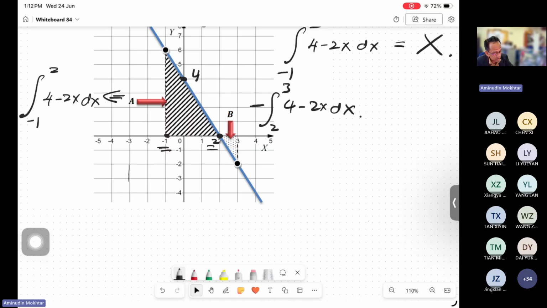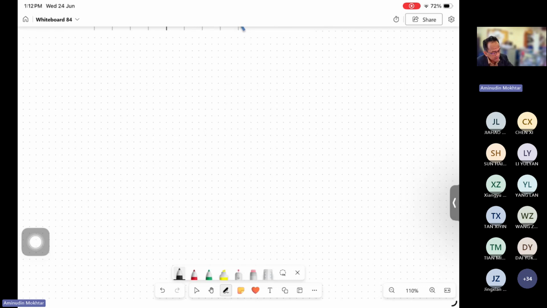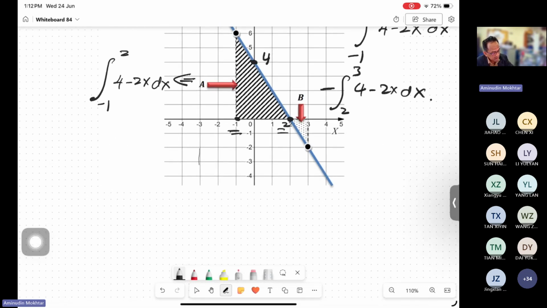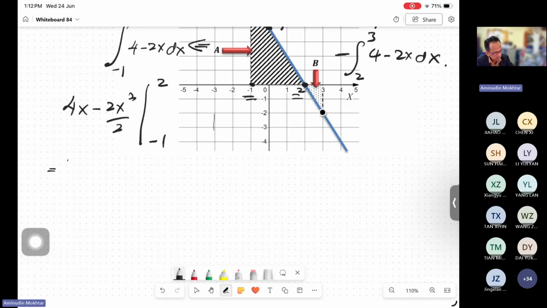So we can find these areas one by one. For area A, the definite integral of 4 minus 2x, from x equals -1 until x equals 2. This is equal to 4x minus x squared, from -1 to 2.